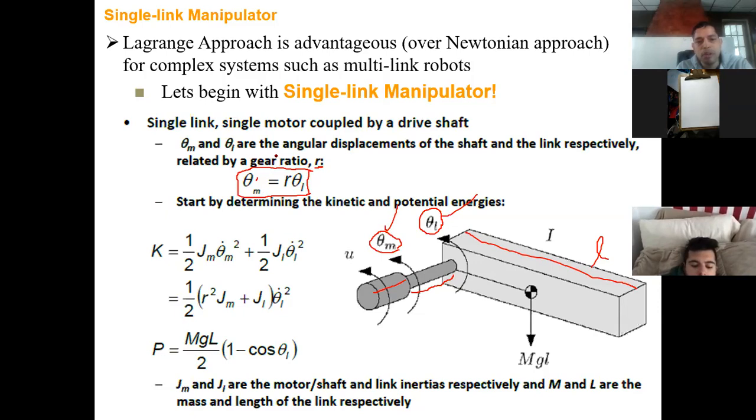Now our goal here is to find the kinetic energy and potential energy of this robot. So what is the kinetic energy of a rotating object?